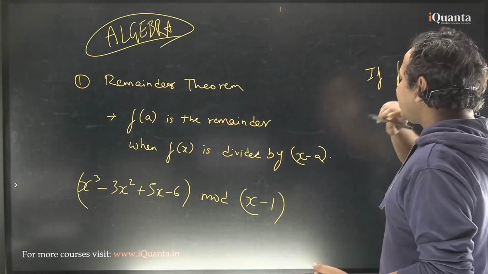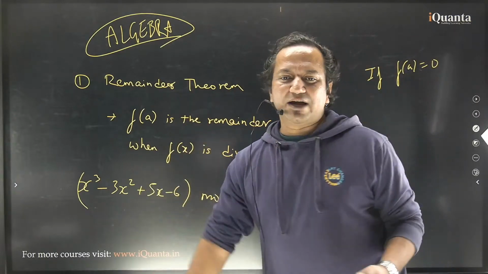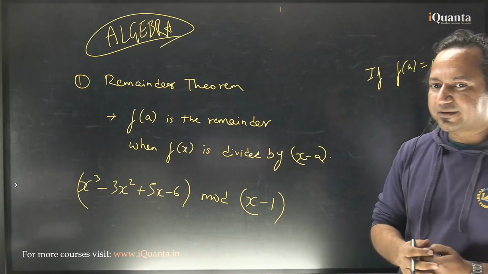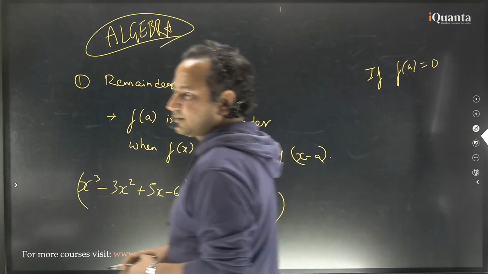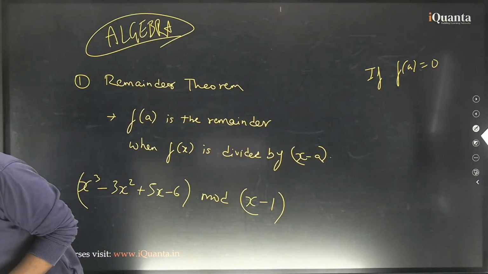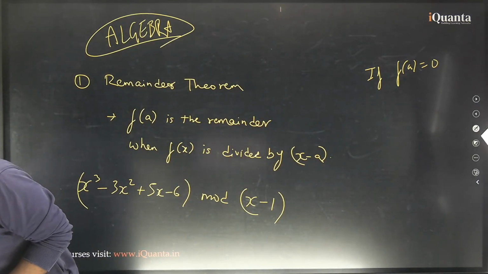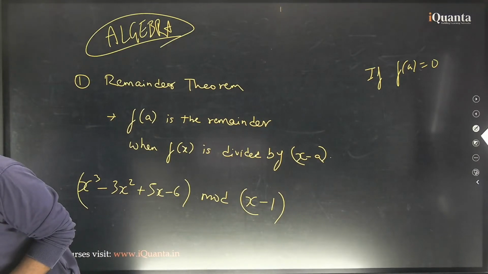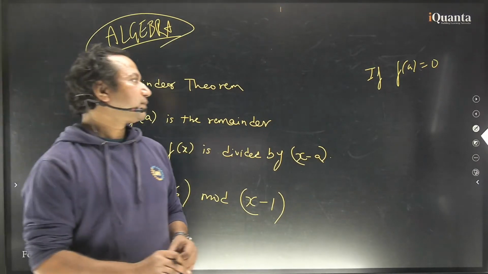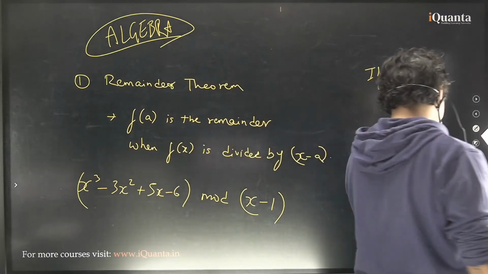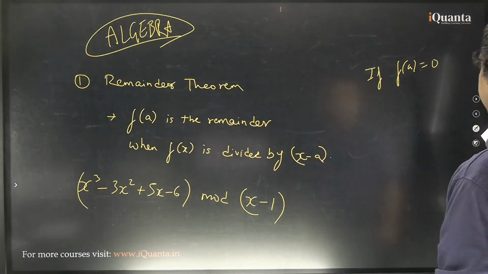If f(a) is 0, x minus a becomes the factor of f(x). Is that right? Understood? Right. So x minus a becomes the factor.